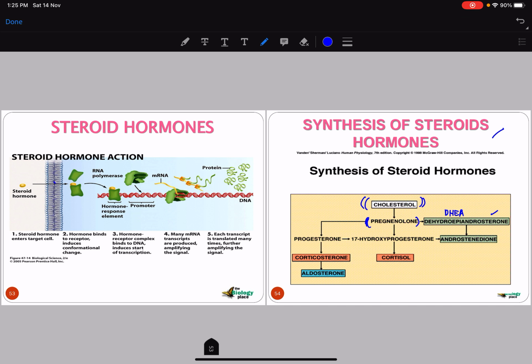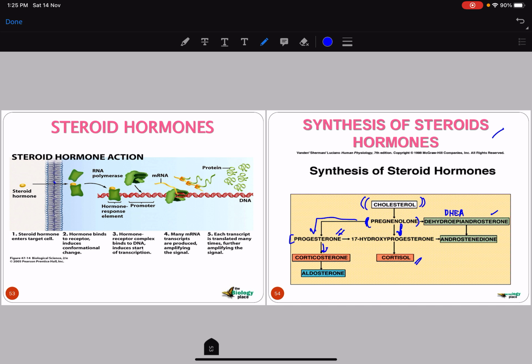Pregnenolone can also undergo this pathway here, an enzymatic reaction, to produce cortisol, the glucocorticoid we mentioned just now. Pregnenolone also undergoes another enzymatic reaction to produce progesterone.